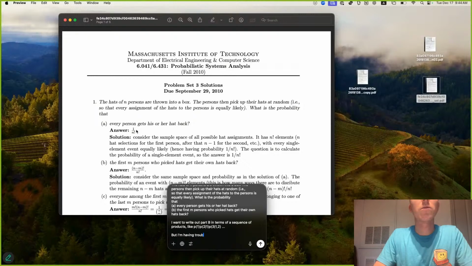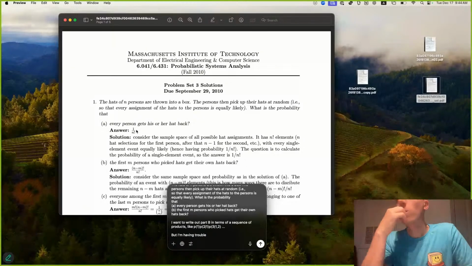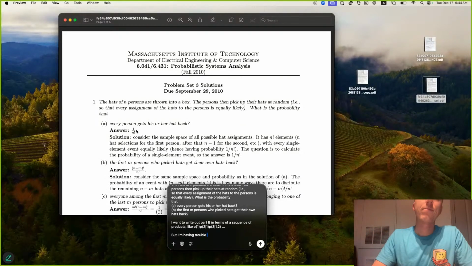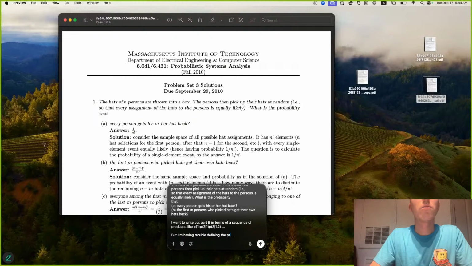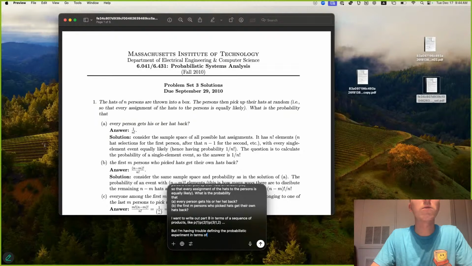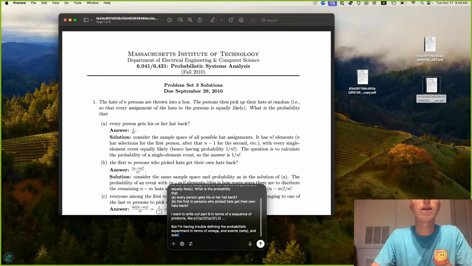I'm having trouble defining the probabilistic experiment in terms of omega and events, sets, and outcomes.